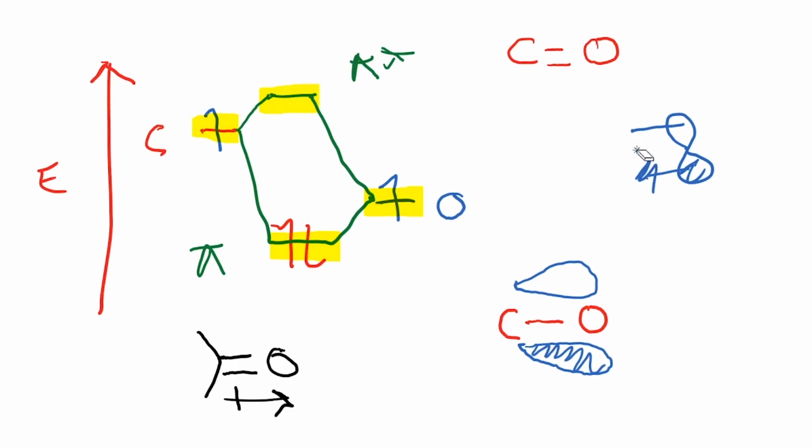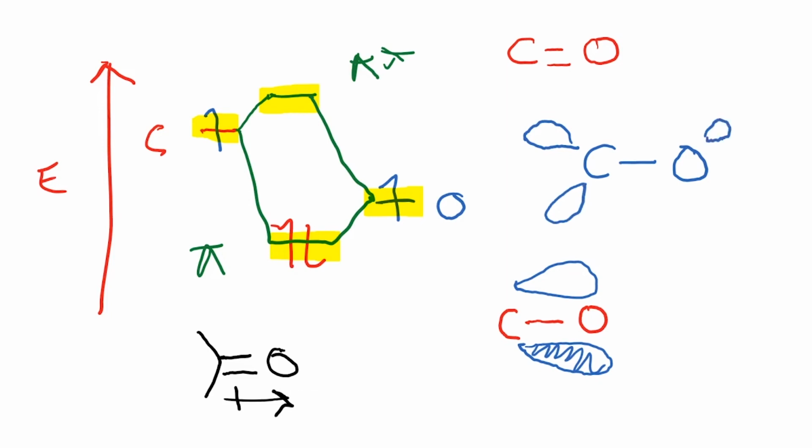Let me erase this so that we can draw it out over here. Here is the carbon-oxygen antibonding orbital. If I draw it like this, it would be over here and then over here, and these are much smaller compared to the carbon-carbon double bond.